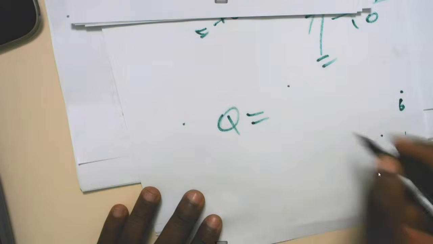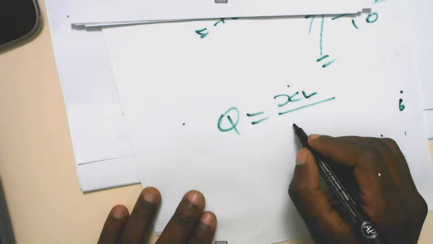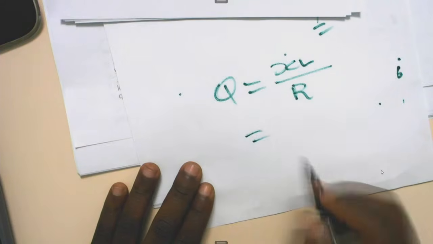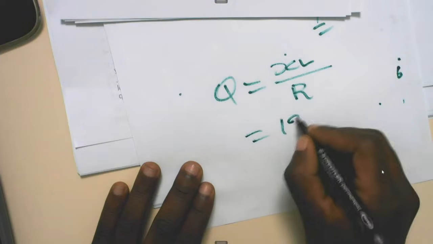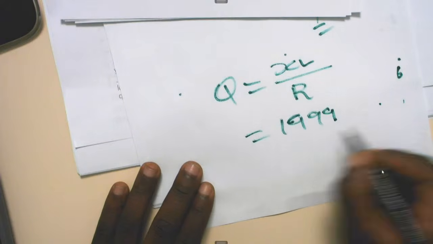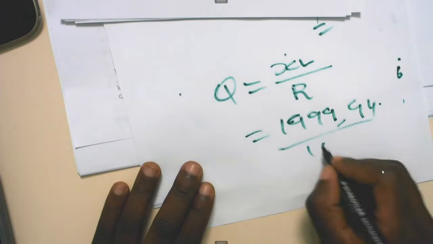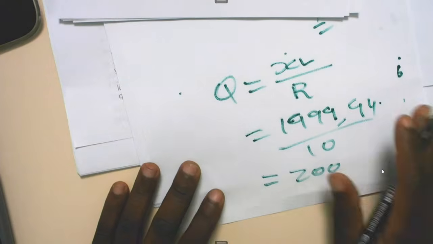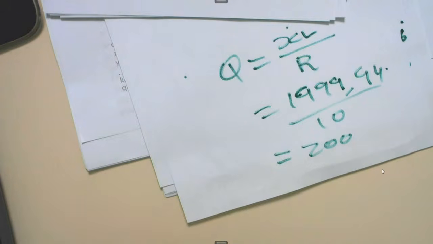Q is equal to XL over R. So here we substitute and say our XL here will be 1,999.94 over 10, which will give us 200. So this is our Q factor.